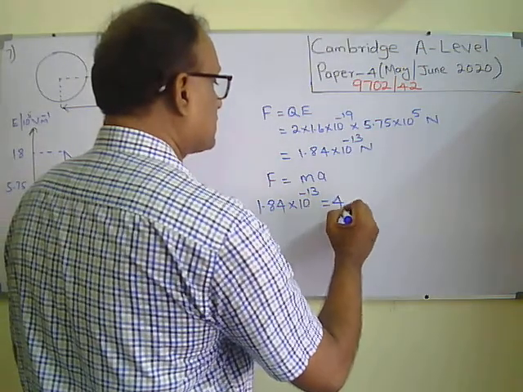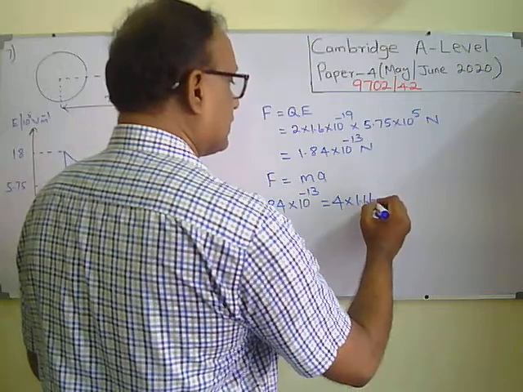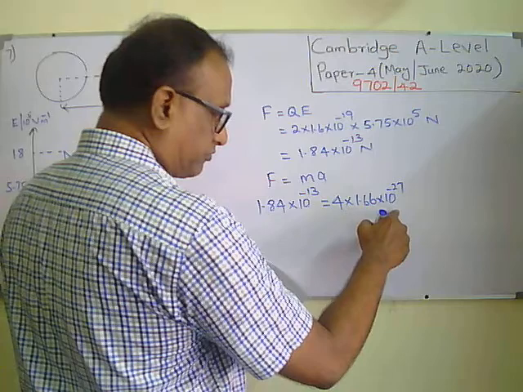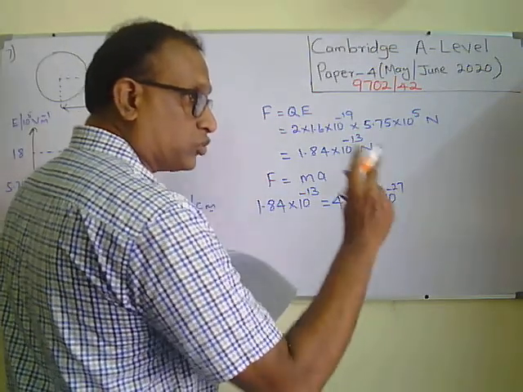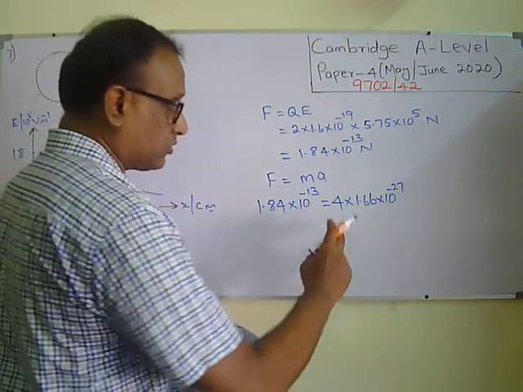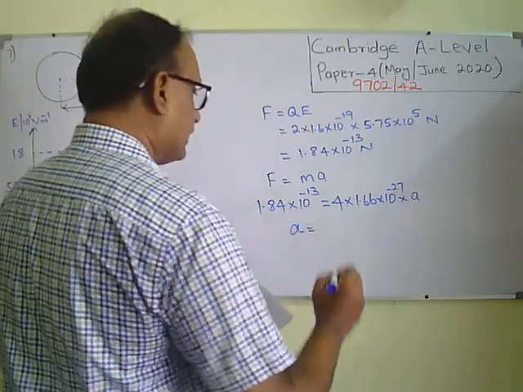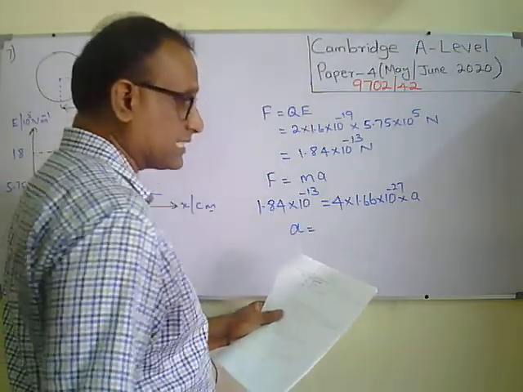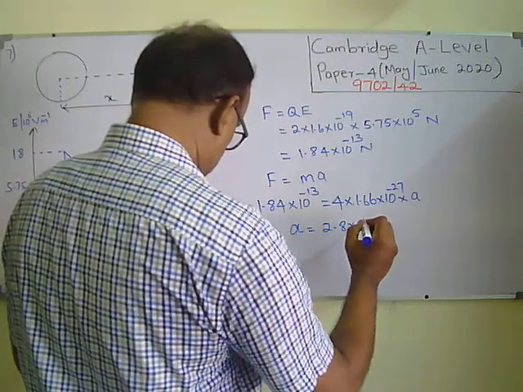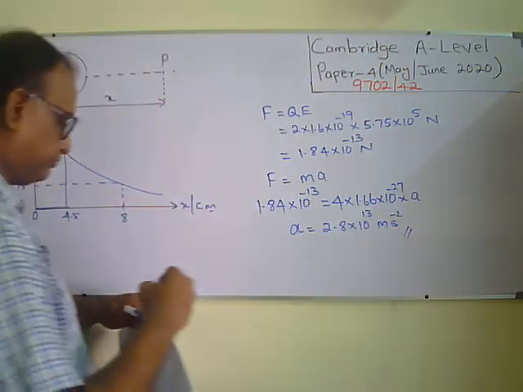So 4 times mass of proton, 1.66 times 10 to the power minus 27, right? So 4 times this into a. So solve it, you will get the initial acceleration, that is 2.8 times 10 to the power 13 meter per second square.